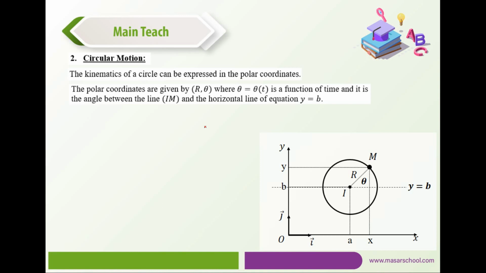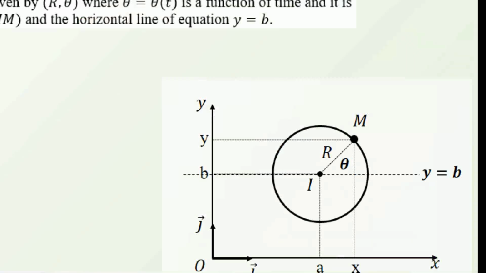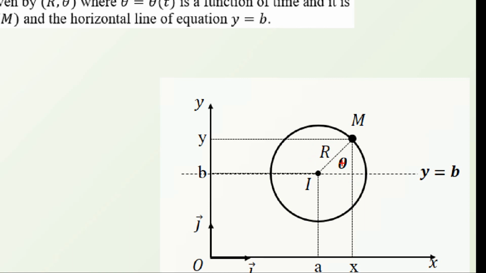However, because we're moving along a circle and we can make use of the symmetry of the problem, it's more convenient to represent the motion via polar coordinates, known as the radius of the circle, which is fixed, and the angle which the particle makes with the horizontal axis passing through the center.